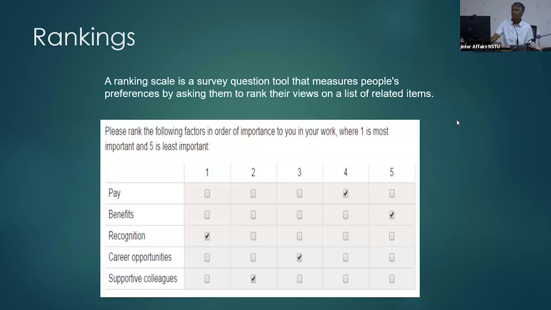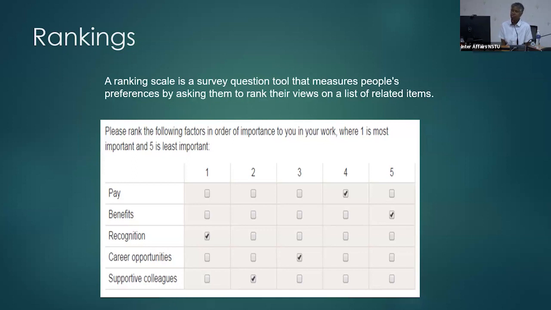Okay. Rankings. This is to try to have individuals put into a specific order their preferences or their feelings about a concept. This one is looking at what are the factors that are rated most important to you in terms of the work that you're doing.